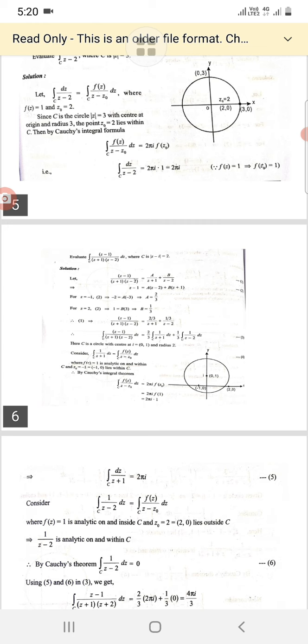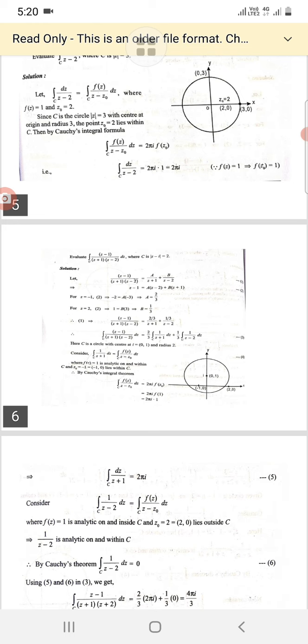Now, they have given modulus of z equal to 3, that is the circle having radius 3 with the center at the origin. The point z naught equal to 2 lies within C because the radius is equal to 3.